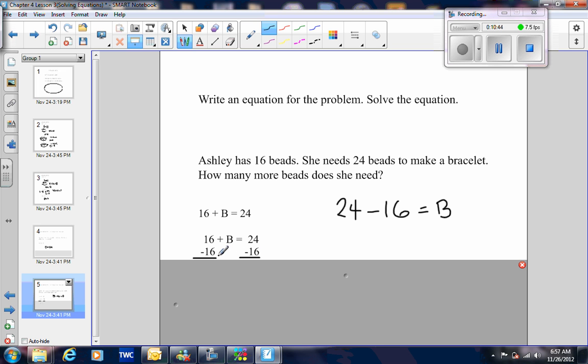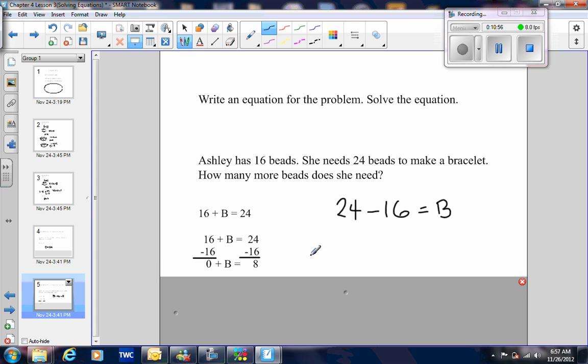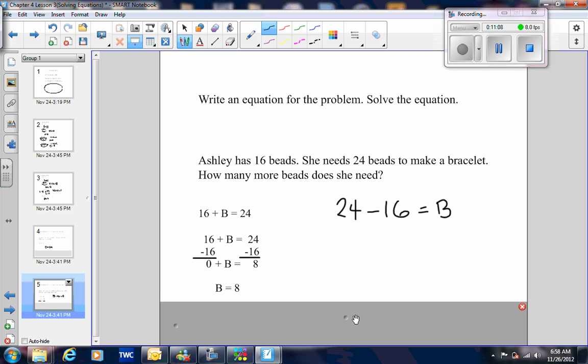And so when I did that, I had a 0 on this side, which is really nice because I wanted to have that letter B all by itself. So 16 minus 16 is 0. Now B is all by itself on this side, and 24 minus 16 is equal to 8. And B is equal to 8 then.